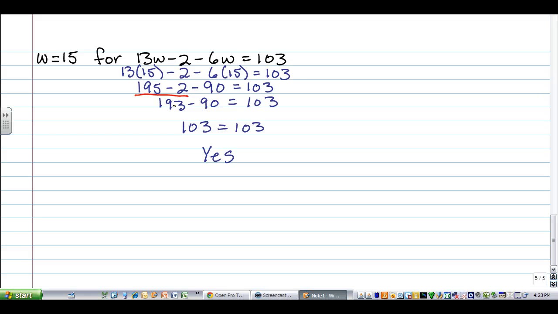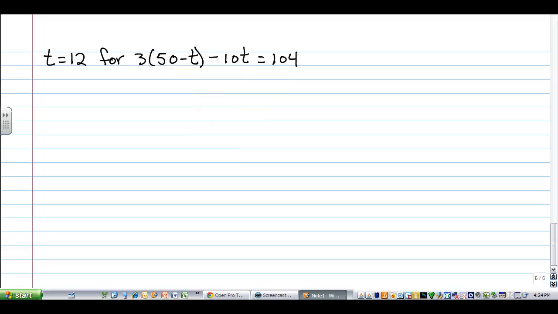All right, last problem. Here it is. T equals 12. Is that a solution for 3 times 50 minus 2 minus 10t? Now follow your PEMDAS.